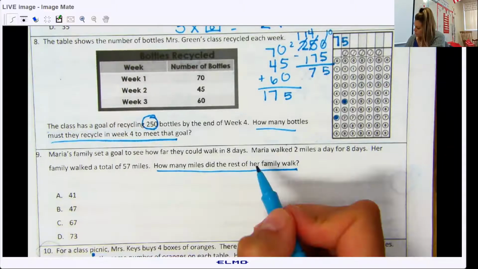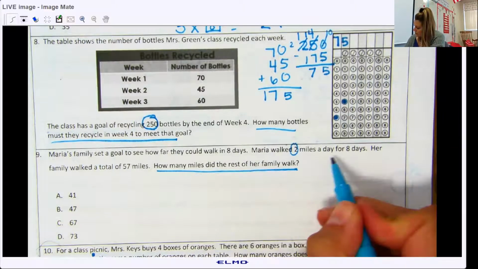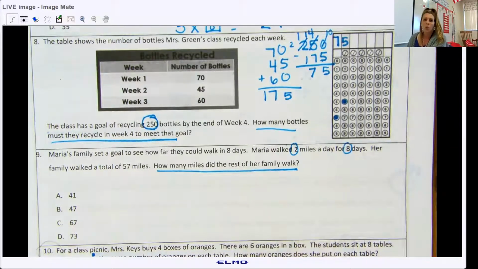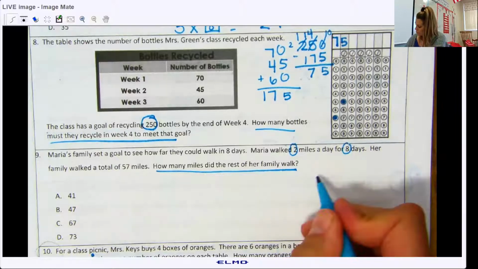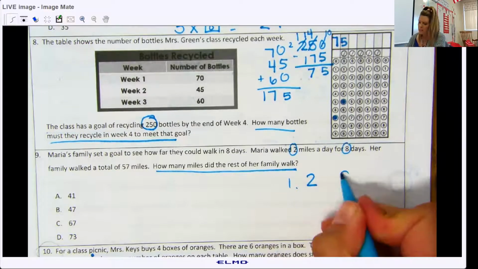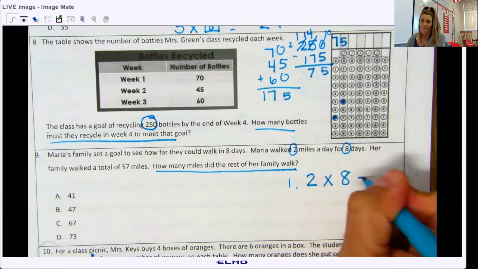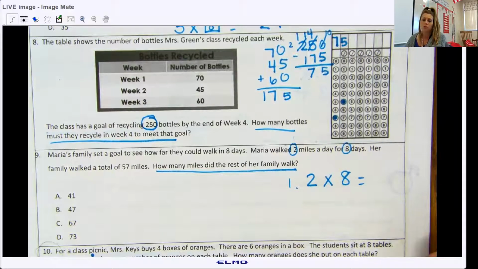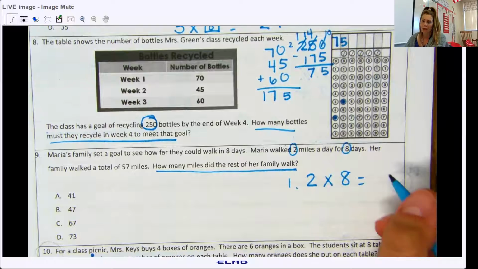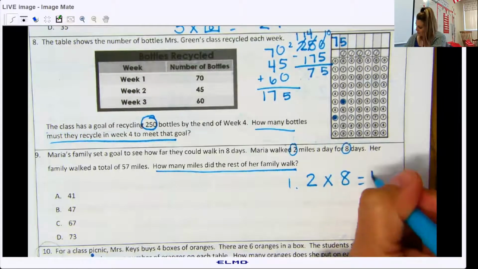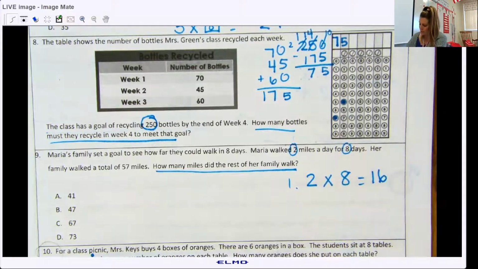So Maria walked 2 miles a day for 8 days. What are you going to do with that 2 and that 8? You're going to multiply, right? 2 times 8 equals what? You should be screaming it so loud because you should be a master of multiplication by now. 16, right? So now we've got 16.